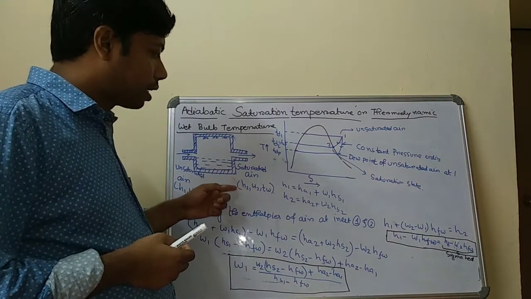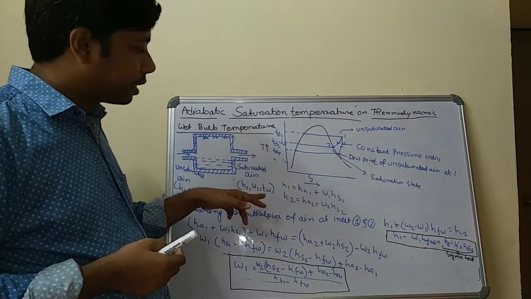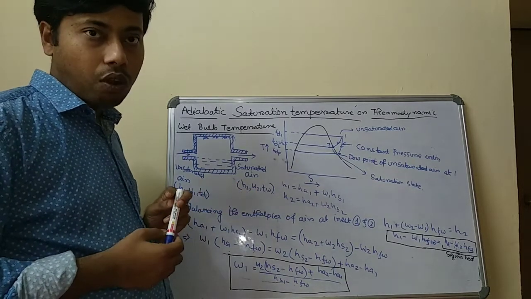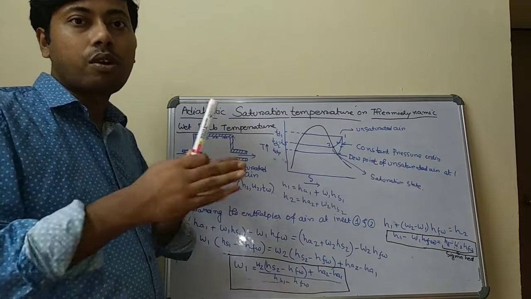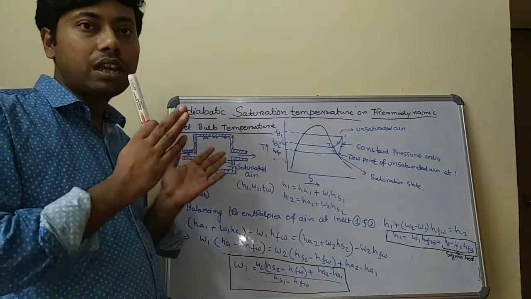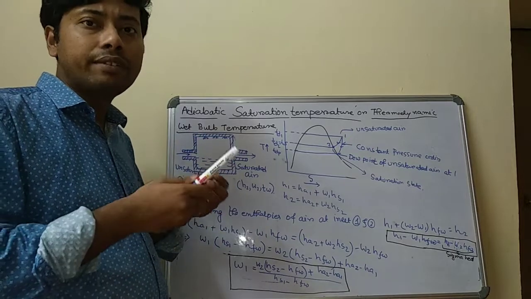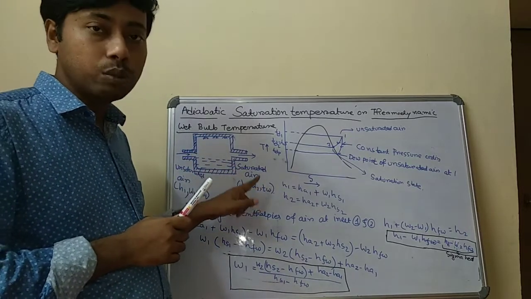There the enthalpy is H2 and the specific humidity is W2. The temperature at which the unsaturated air is transformed into saturated air is called the thermodynamic wet bulb temperature or adiabatic saturation temperature, designated T2 or TW2.